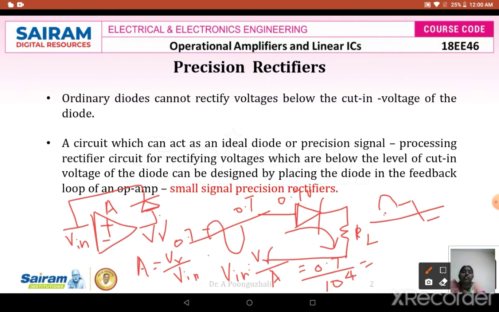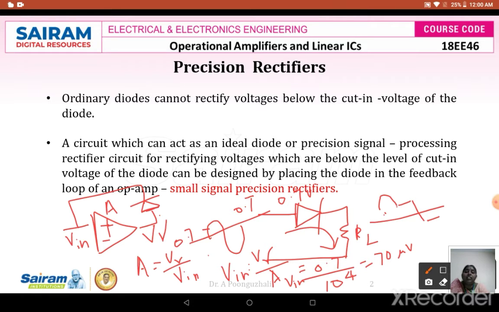Substituting, 0.7 by 10 power 4 is around 70 microvolts. So when my V in is 70 microvolts, the output will be positive. That means my diode will conduct even when the V in voltage is only 70 microvolts.